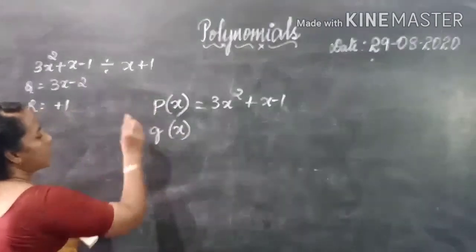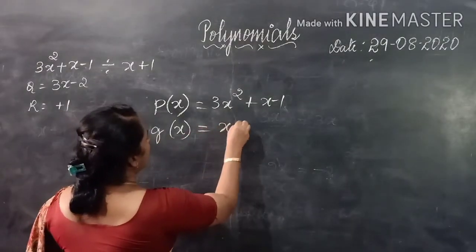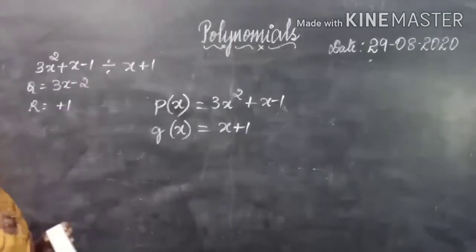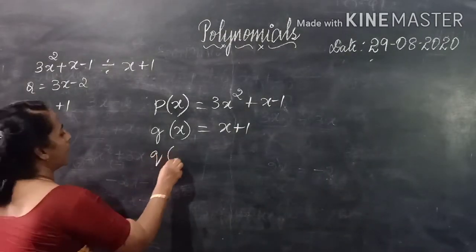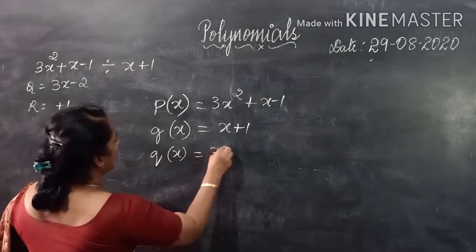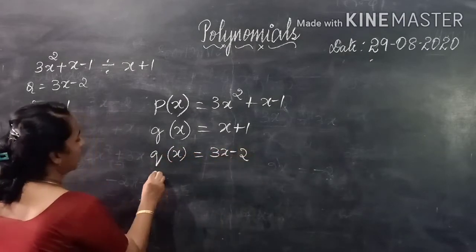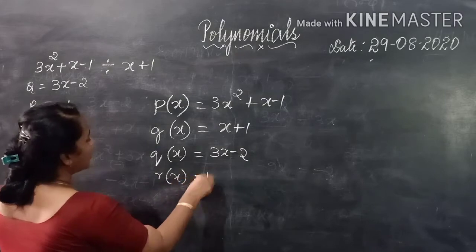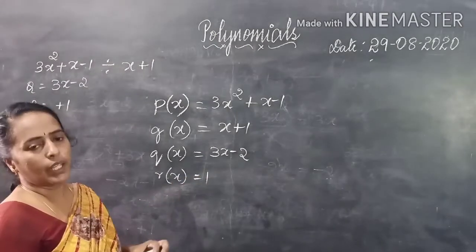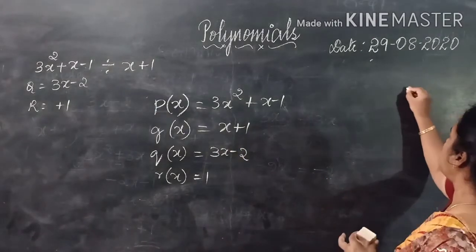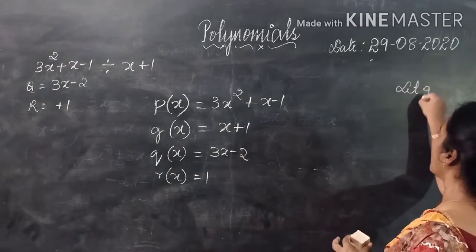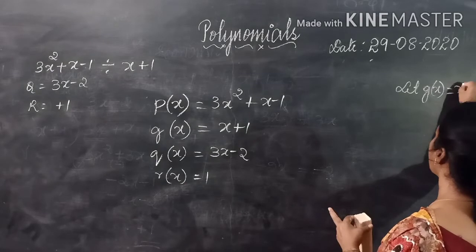Let us take that divisor as g of x, that equals x plus 1. Now the quotient is known as q of x. Q of x is 3x minus 2 and the remainder r of x equals 1. Remainder is 1.